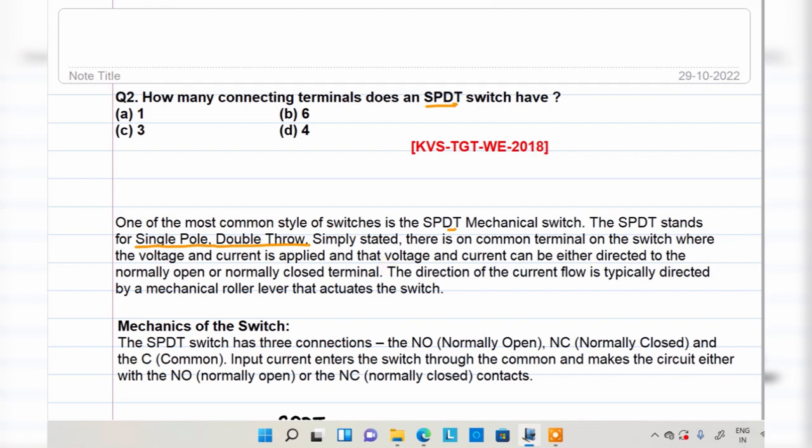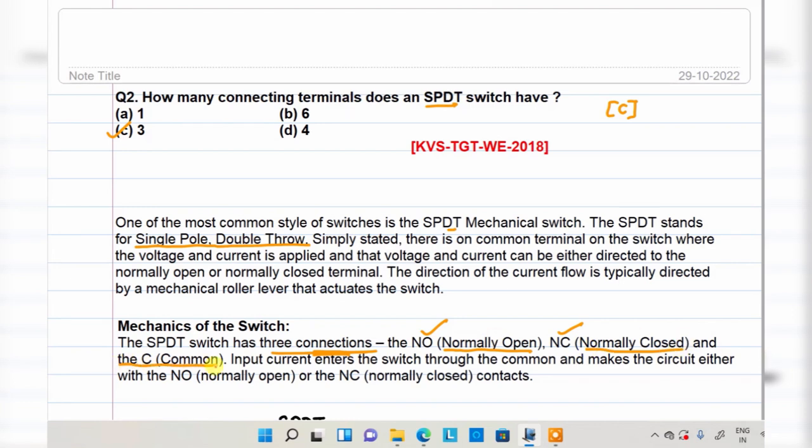I will explain. In the question itself they are asking how many connecting terminals there are. An SPDT switch has three connections. How many connections? Three. So option C is the correct option. We'll see what the three connections are. The first connection is NO, that means normally open. The second connection is NC, normally closed.